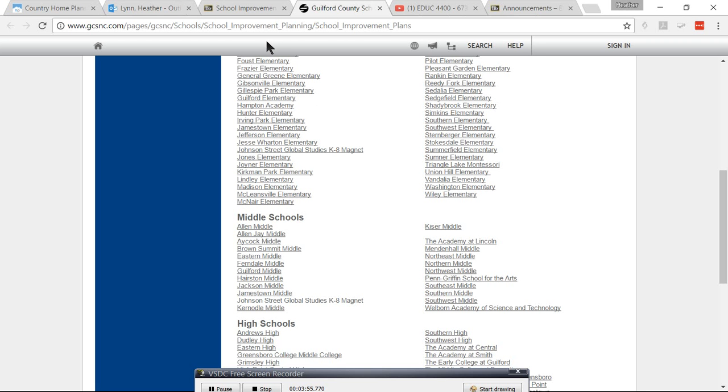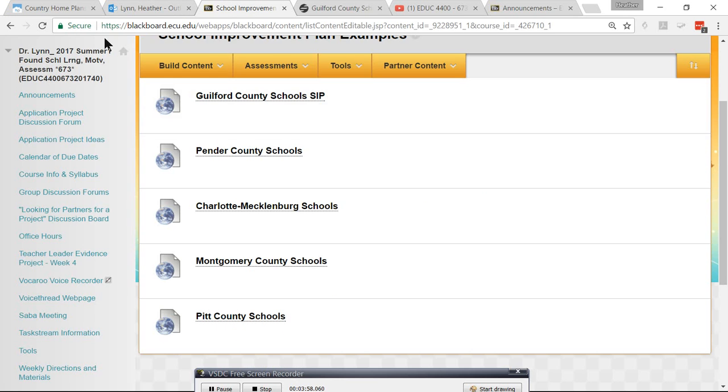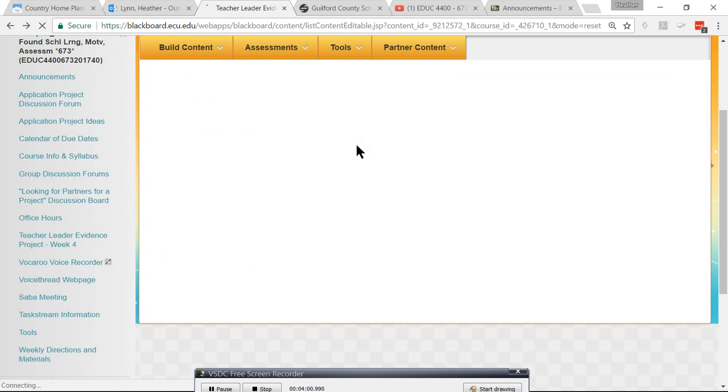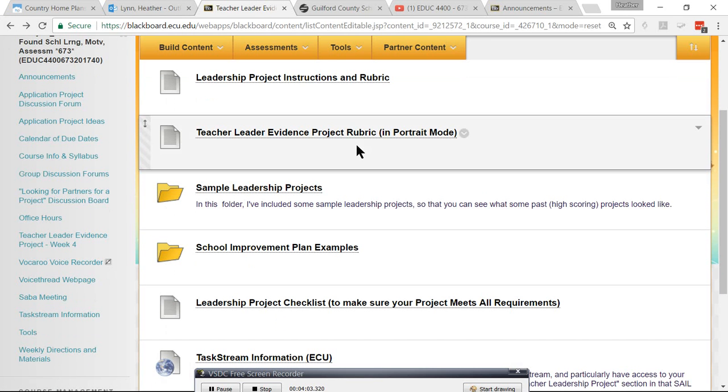That's simply a resource if you need it, if you're having trouble finding a school improvement plan. If you have access to your own school improvement plan, I would recommend, if you have an option to do that this week, to try to discuss the school improvement plan for a few minutes with your administrator, your assistant principal, or a member of the school improvement plan team.